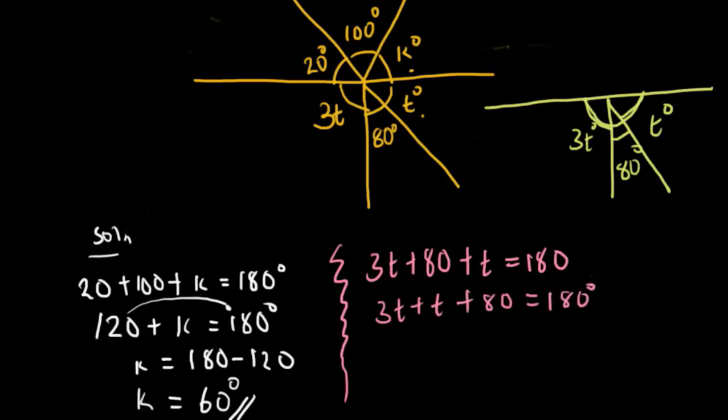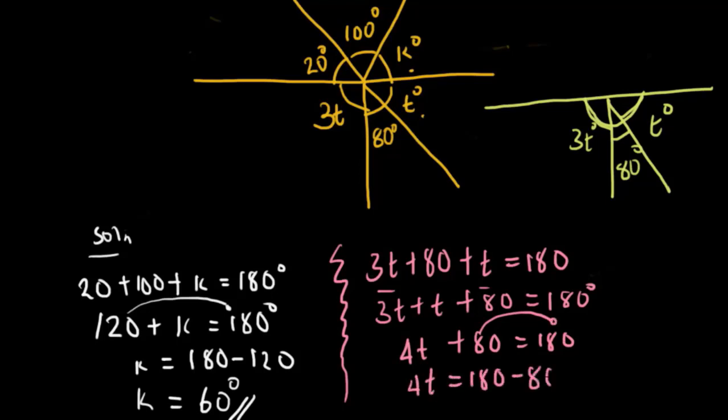Do you see I've not taken anything across the equal to sign? So the sign did not change. I just rearranged to bring 3t and t together. 3t plus t will give us 4t. And then I have plus 80 equals 180 degrees. So 80 goes to meet 180. I'll be having 4t equals 180 minus 80 degrees.